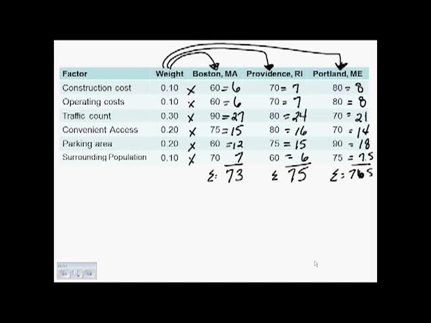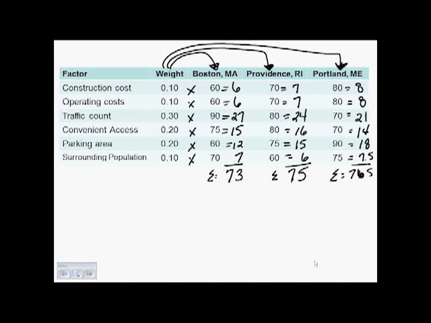Now, what do these weights mean? Well, we took a look by giving them a weighted factor on what was most important, that being the traffic count at 0.30. What was least important, construction cost, operating cost, and surrounding population, all had the 0.10.